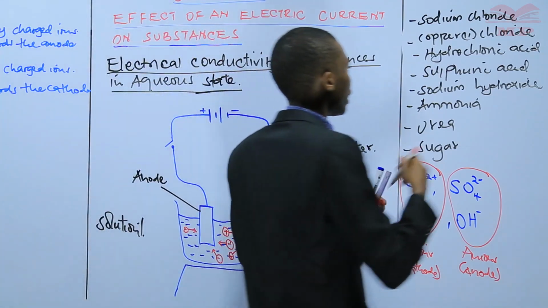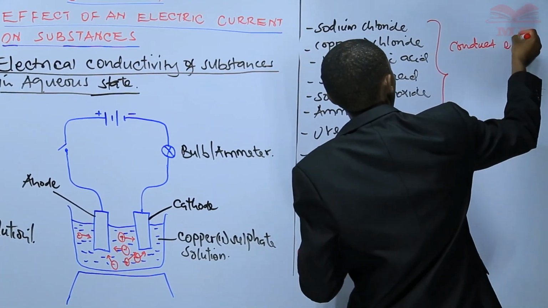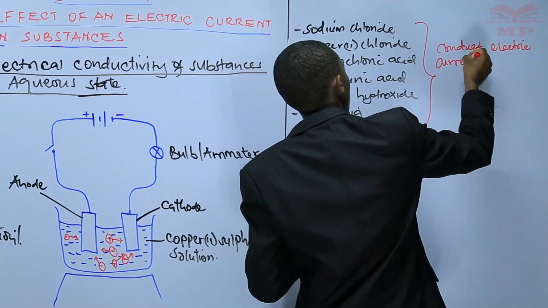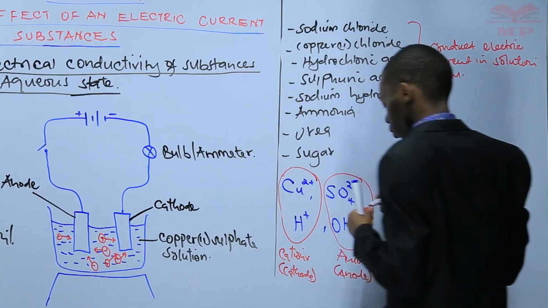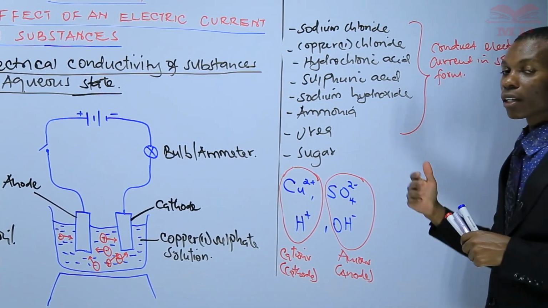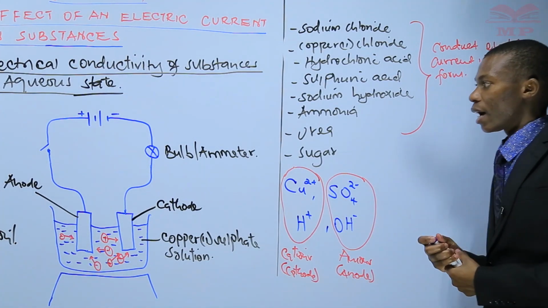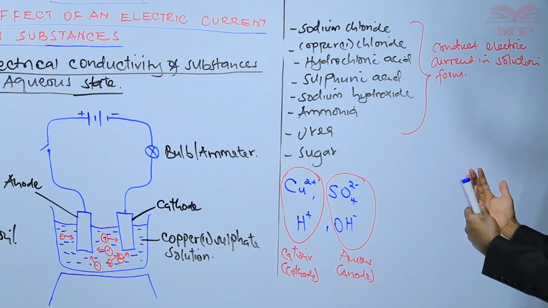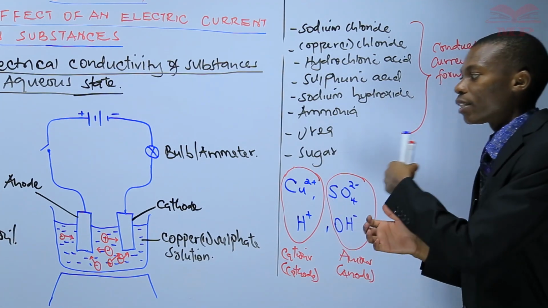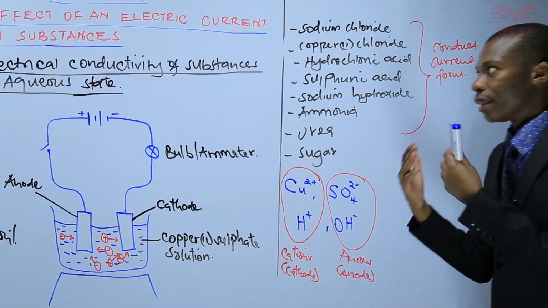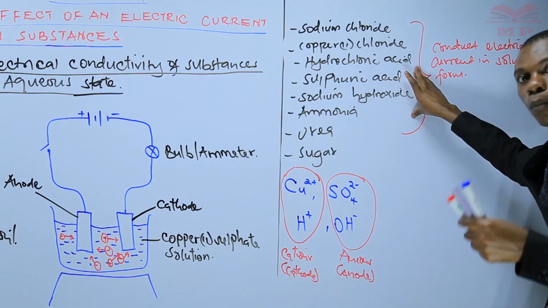When you add water to these substances, you will have positively charged ions and negatively charged ions, and the migration of the ions towards the oppositely charged electrodes will conduct electric current. All these substances are capable of doing that.